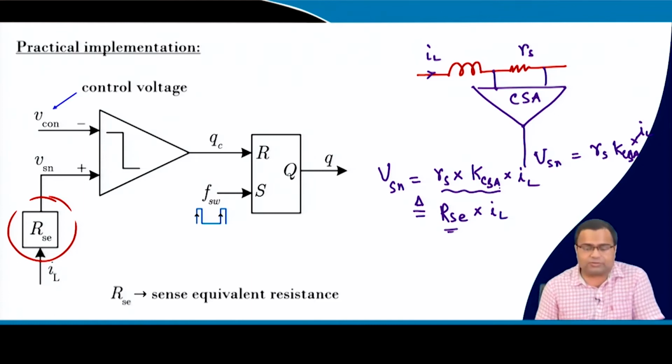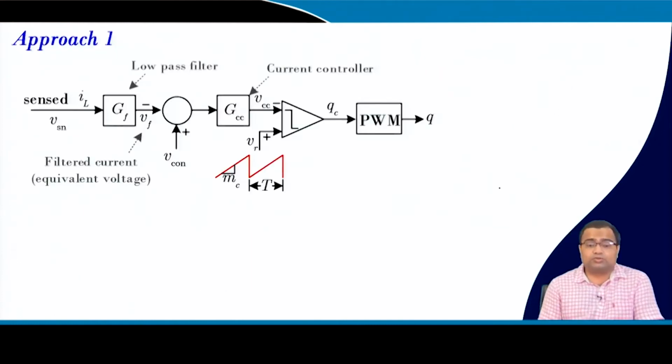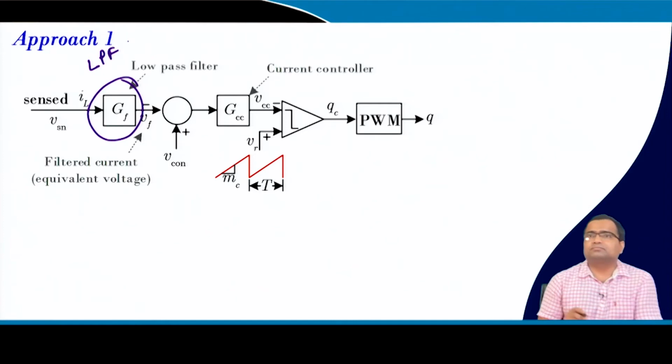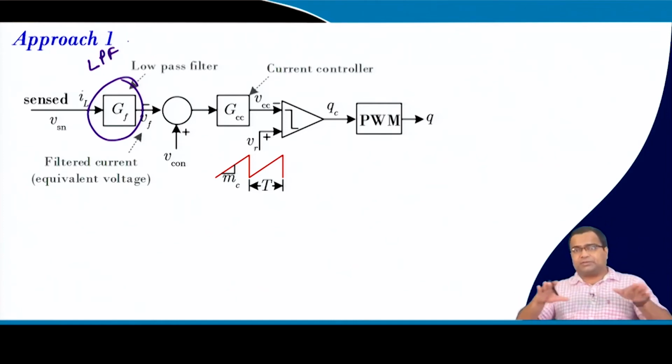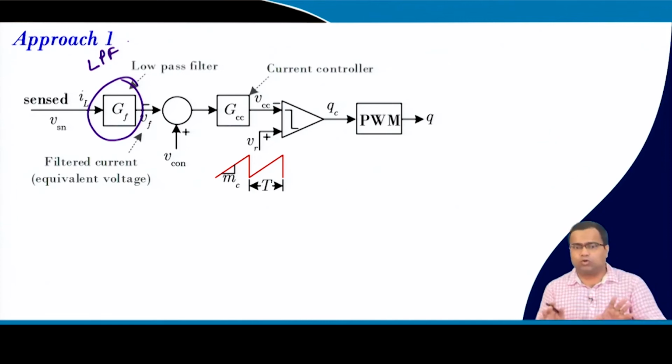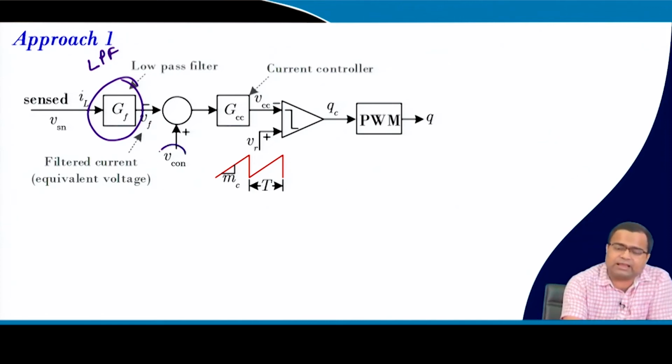So, control voltage is compared with the sense equivalent. One approach, we put a low pass filter, as we have discussed. If we set the bandwidth in such a way that we can extract the average information from the low pass filter, then we can give a current reference. So, this can be a reference current.